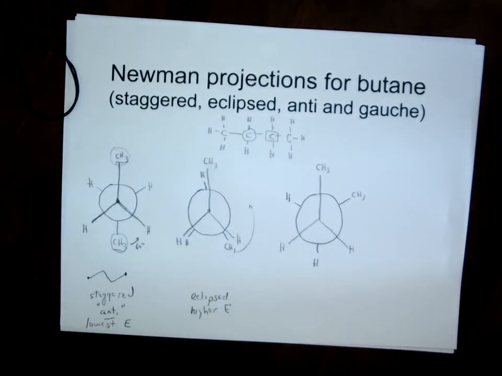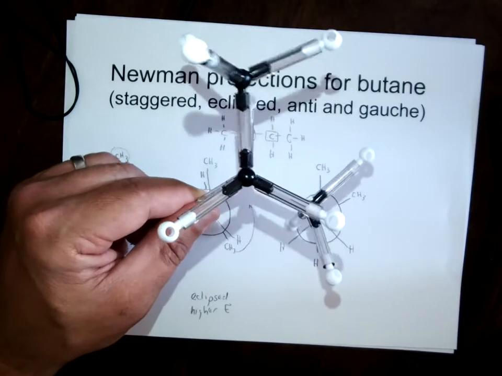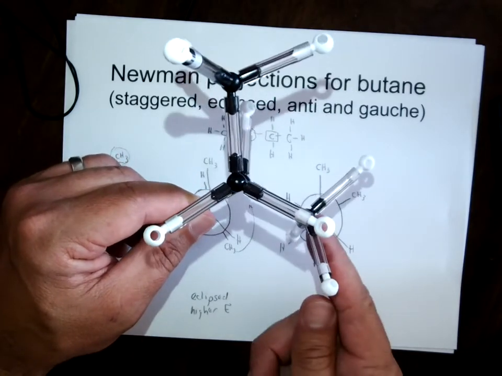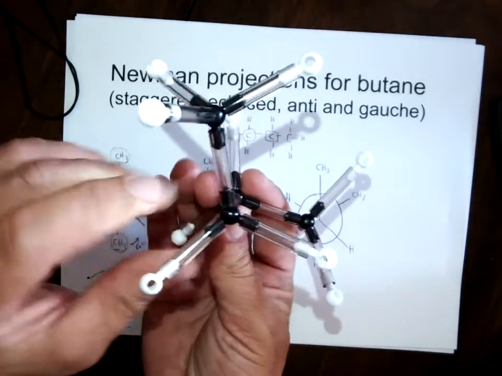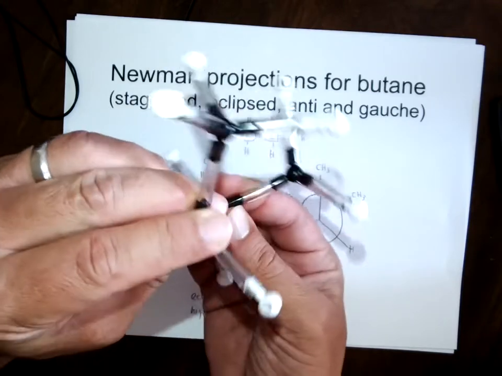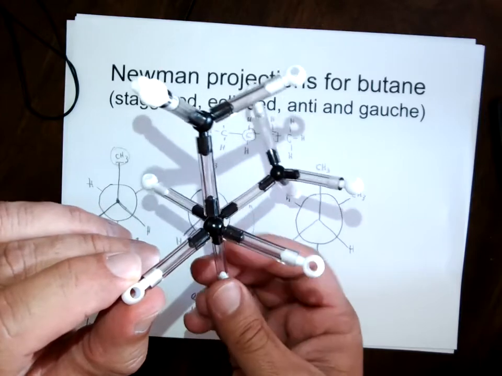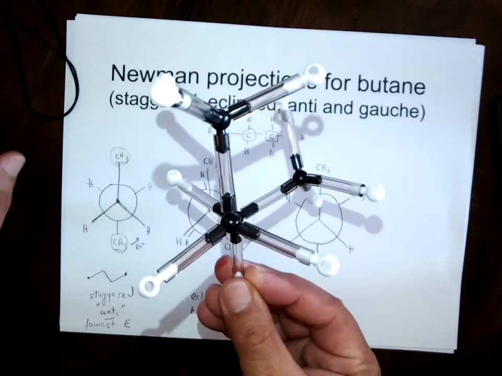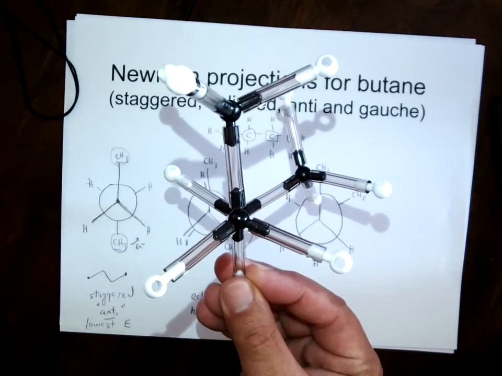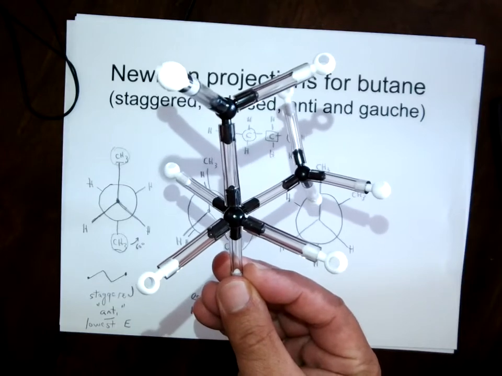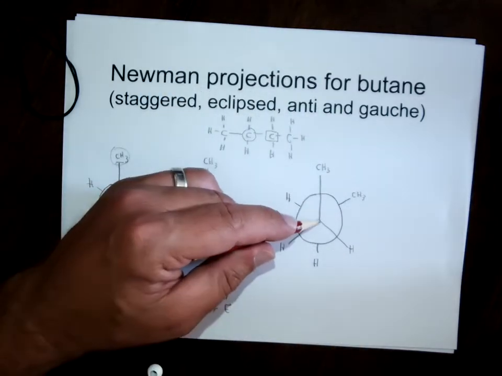configuration. So we had this eclipsed conformation. Now watch as I rotate here, this carbon can get staggered in between those guys. There we go. So this is the Newman projection, the molecule depicted by this Newman projection.